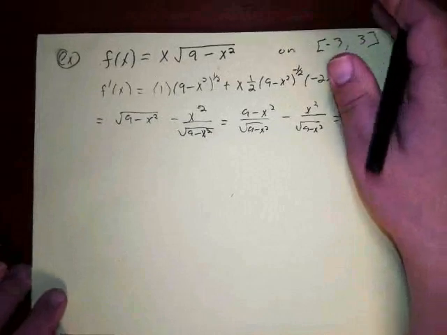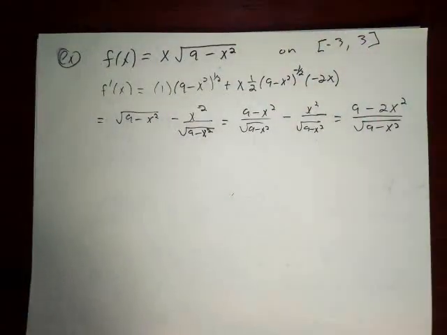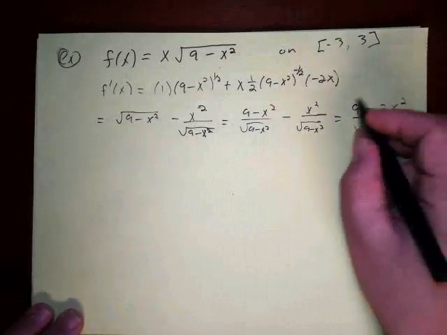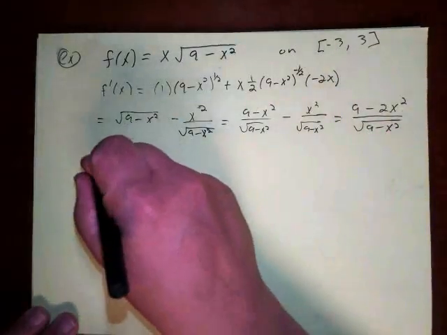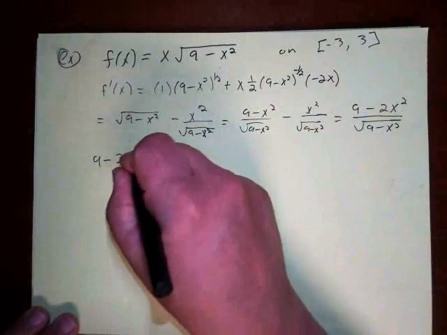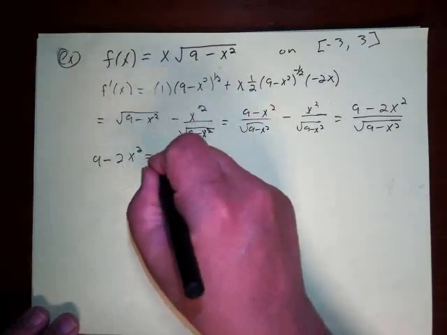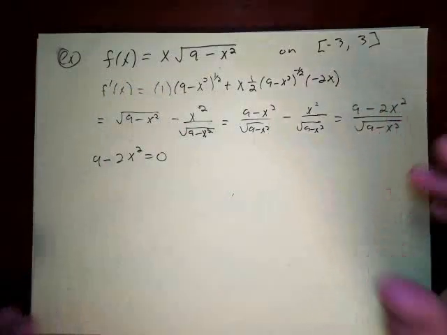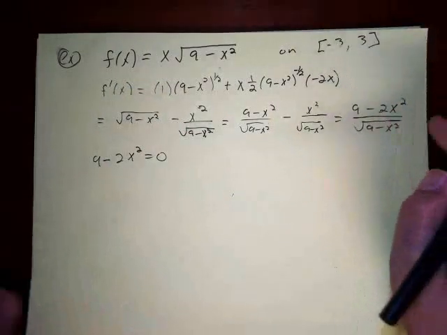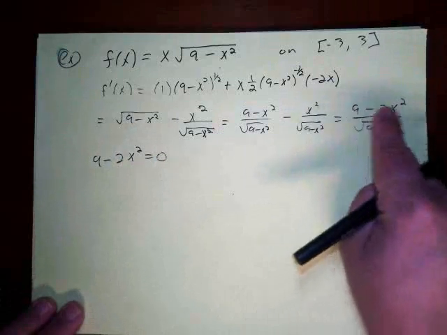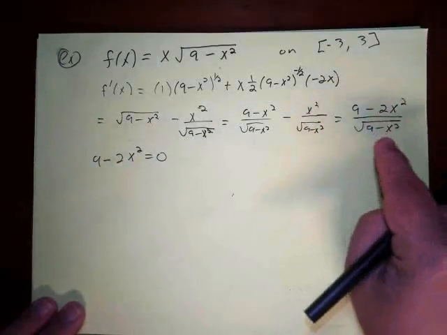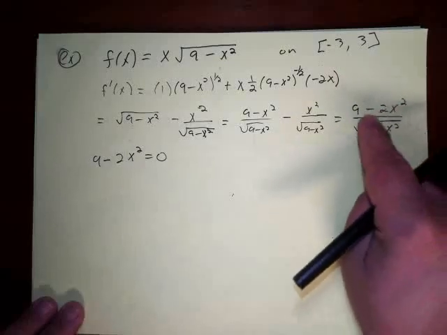Okay, well, this is the derivative. So now the derivative is going to be equal to 0 when that numerator is equal to 0. This will have a critical point either where the numerator is equal to 0, because that's where the entire fraction is equal to 0, or where it's undefined.